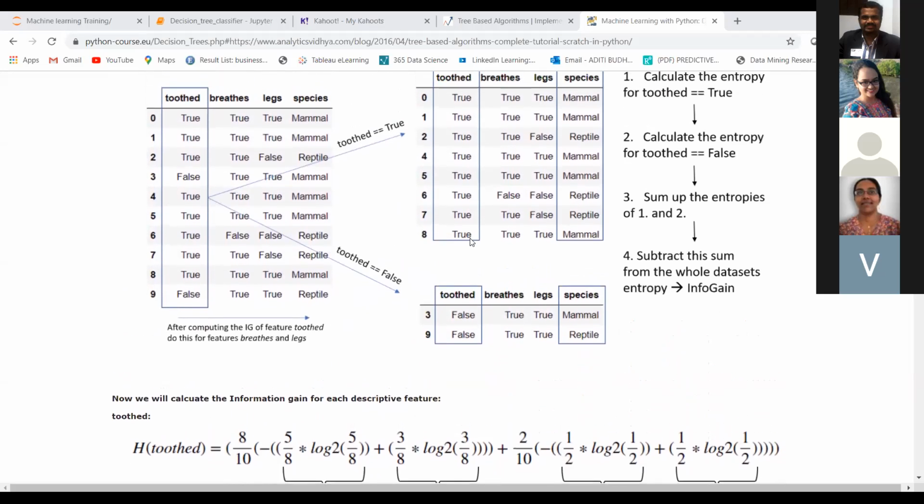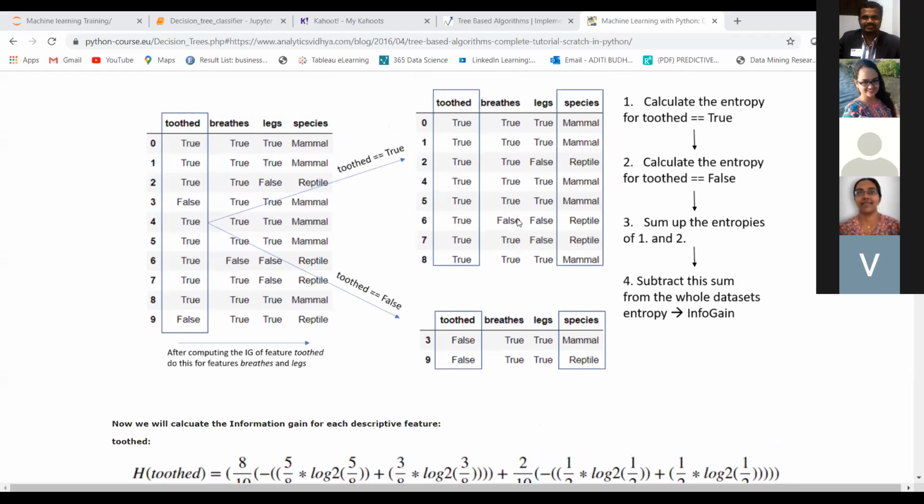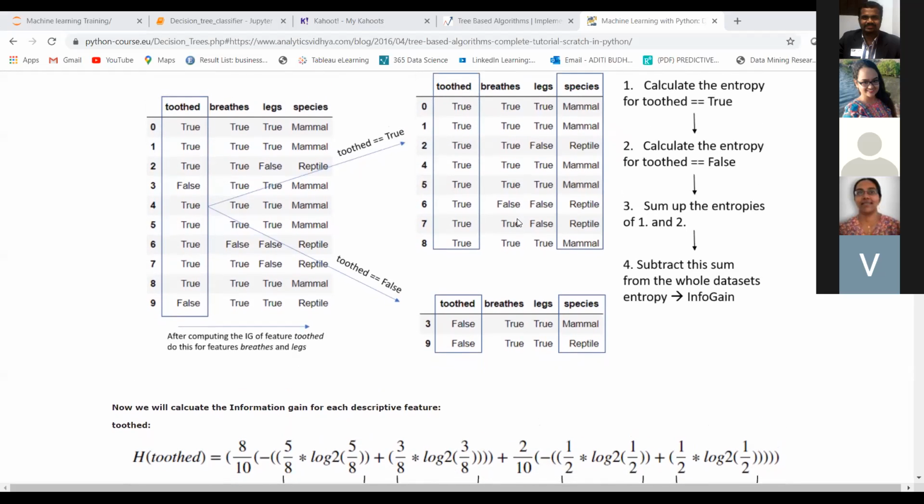For this feature to be true and the output to be mammal, we have 1, 2, 3, 4, 5. We have 5 such cases, right? So what is the probability that the animal is a mammal when it has teeth?